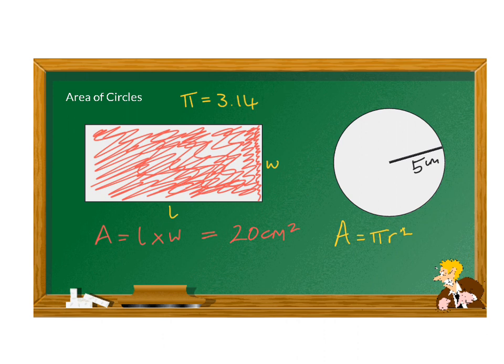So in this case, it will be 5 squared times pi, which will be 25 times 3.14, which is equal to 78.5, and the units are squared centimeters again, because we have taken the whole part of the circle and calculated its area.